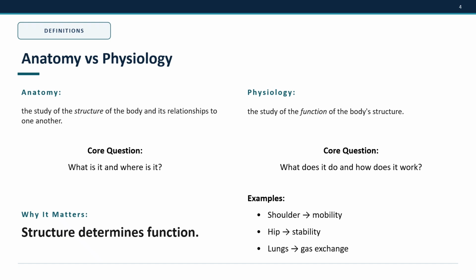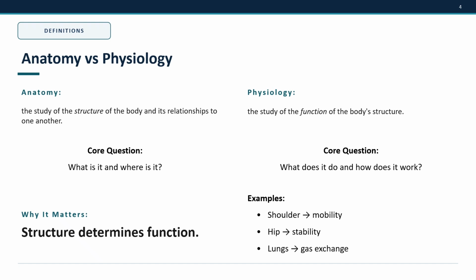So that mobility that we have in our shoulder that allows us to do so many different tasks also predisposes us to injury. Whereas the hip joint is also a ball and socket joint, but that femoral head is really going to sit deep in the acetabulum of the pelvis, and it's going to be much more stable. So we don't have as much mobility in our hips, especially as we're aging, as we do in the shoulders.